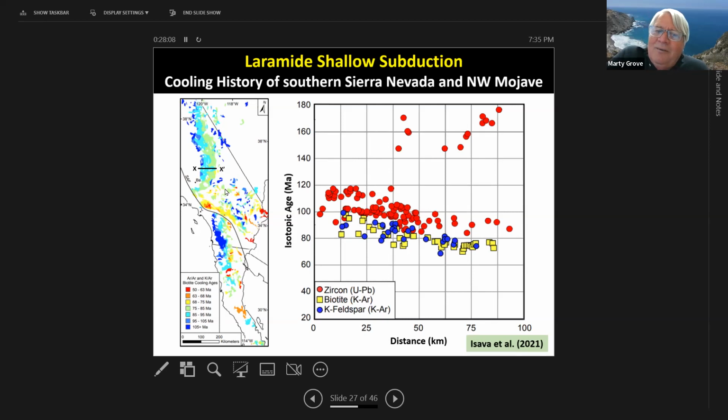The Mojave region resembles the eastern part of the Peninsula Ranges in that it's generally somewhat younger.